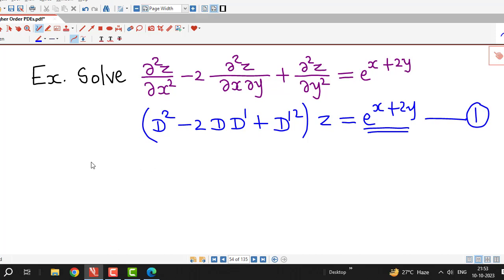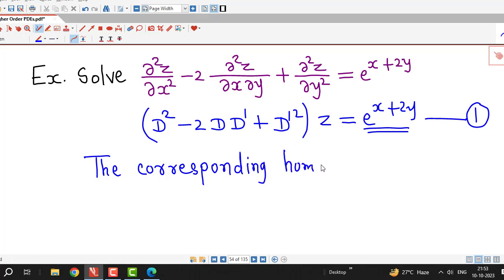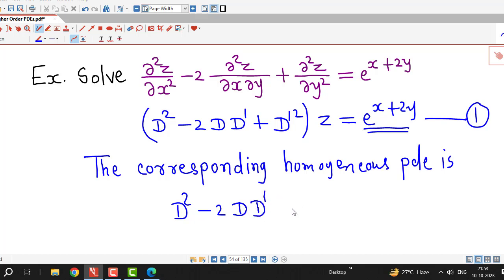So first I have to solve the corresponding homogeneous linear PDE. So I am writing that the corresponding homogeneous partial differential equation is, we consider the right hand side equal to 0, (D squared minus 2DD' plus D' squared) z equal to 0.